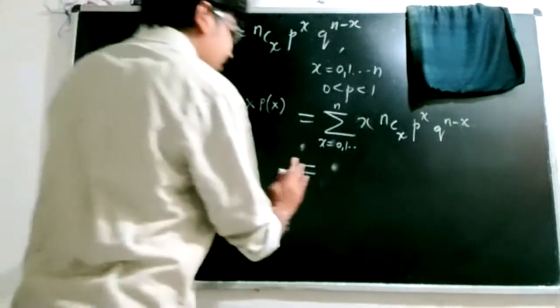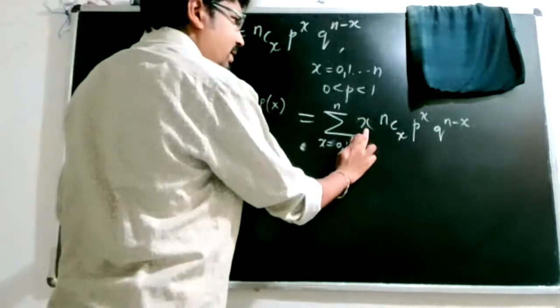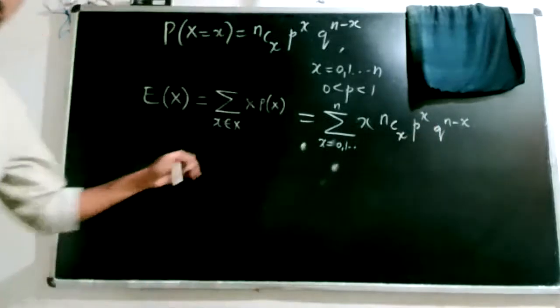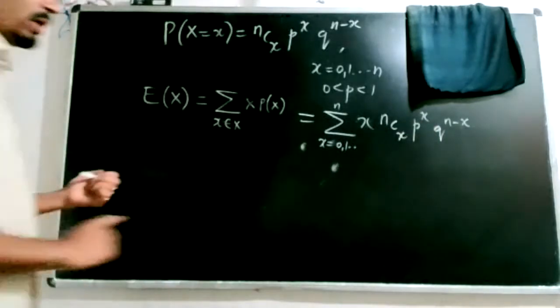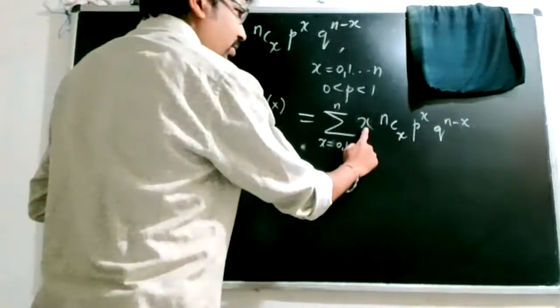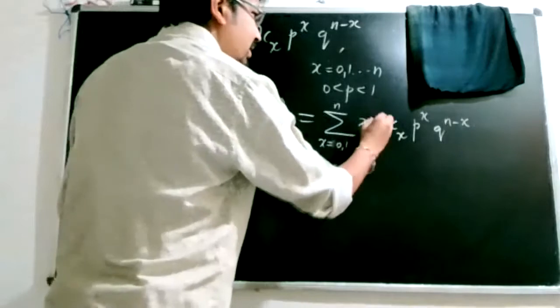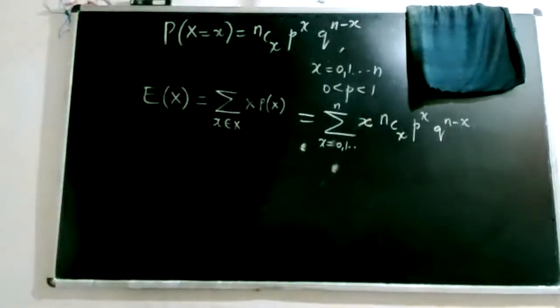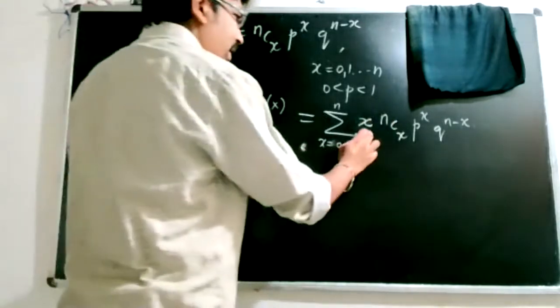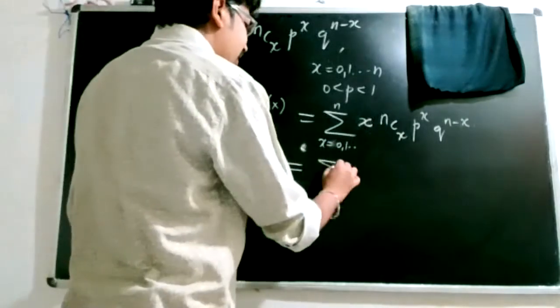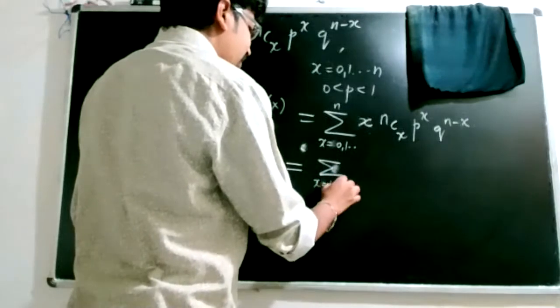If I put x equal to 0 here, I get 0 into nC0 p to the power of 0 q to the power of n minus 0, which is equal to 0. So when x is equal to 0, this term becomes 0, and the sum actually starts from x equal to 1.